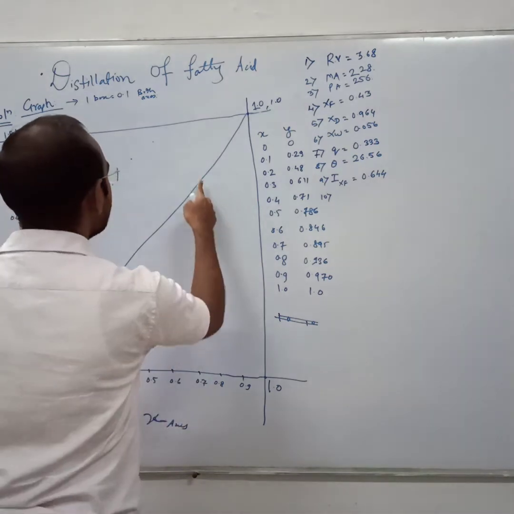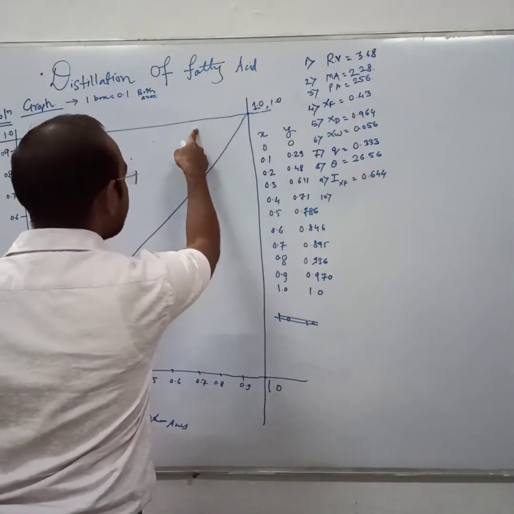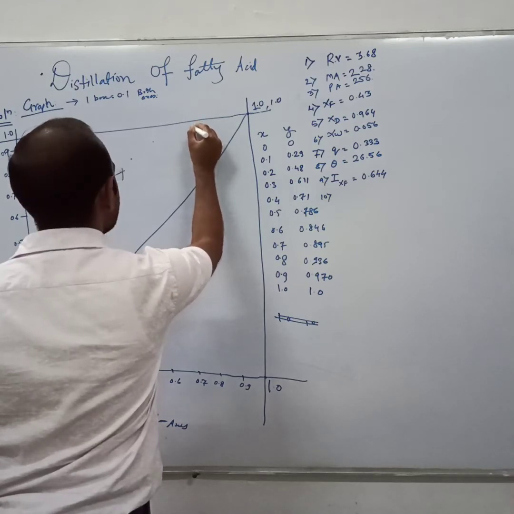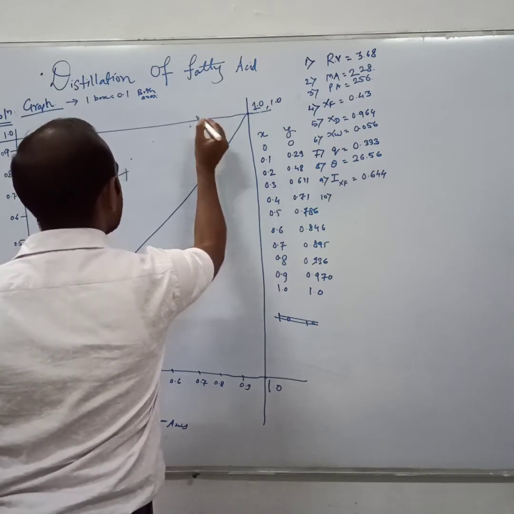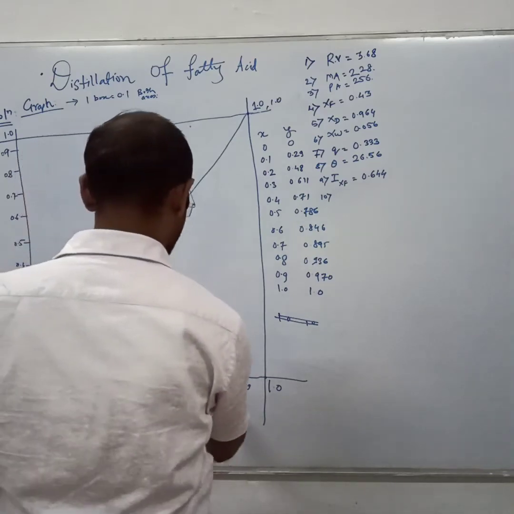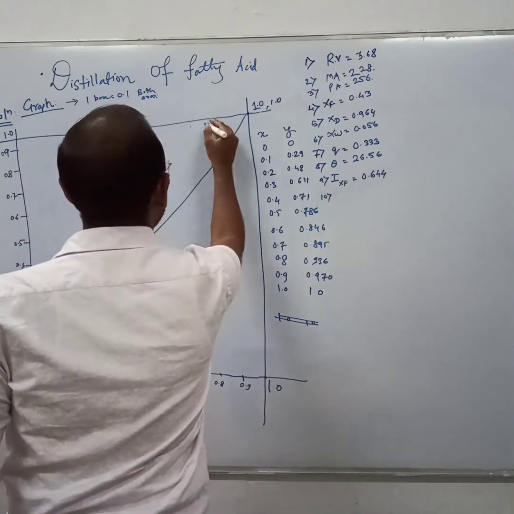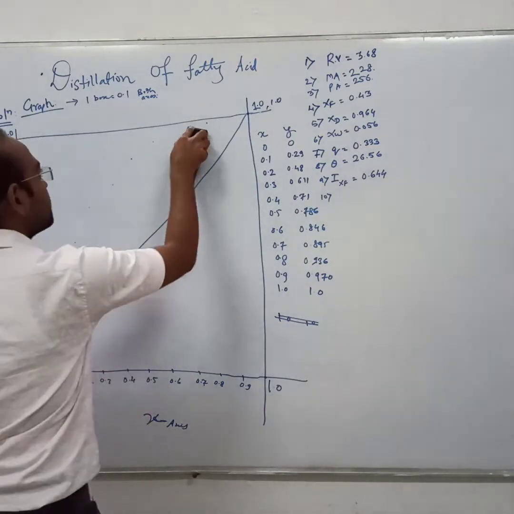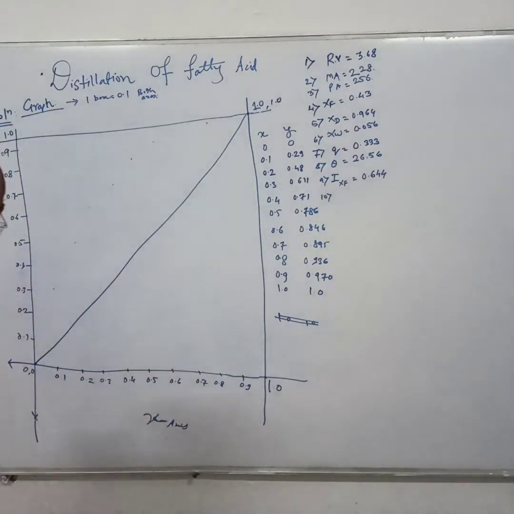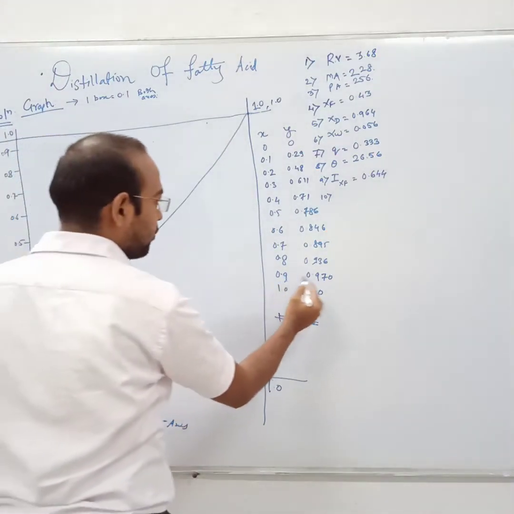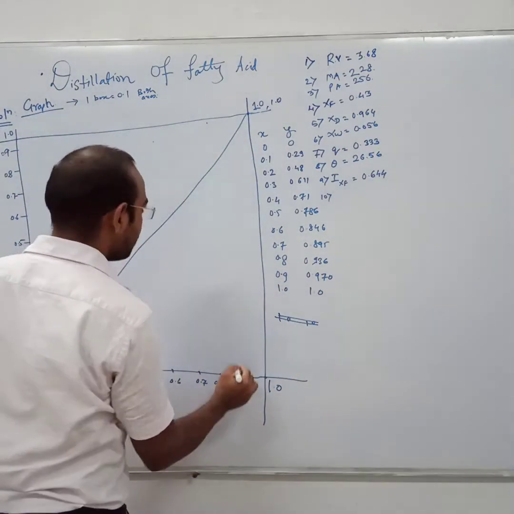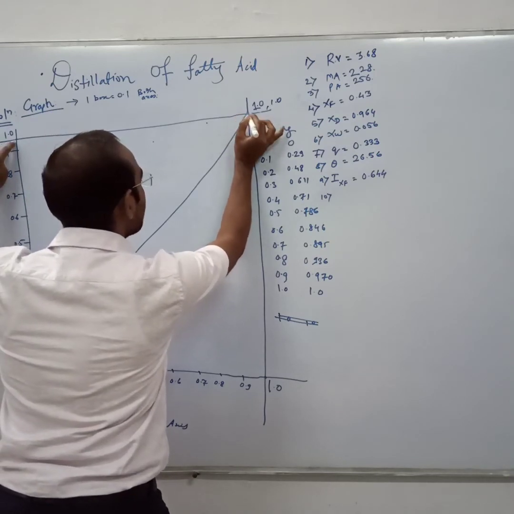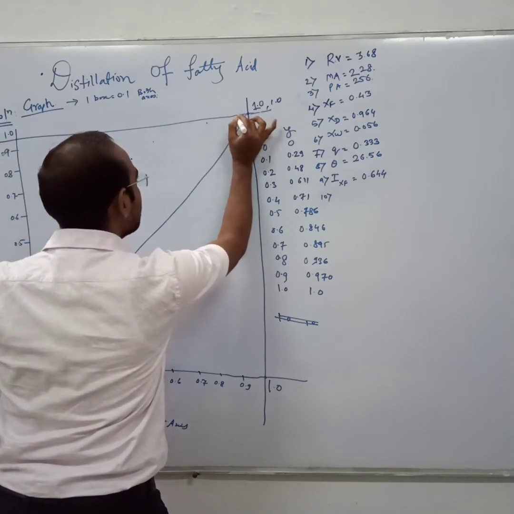It's somewhere here. And for 0.9 it's 0.970, which means very close to 1.0. Somewhat like this point.